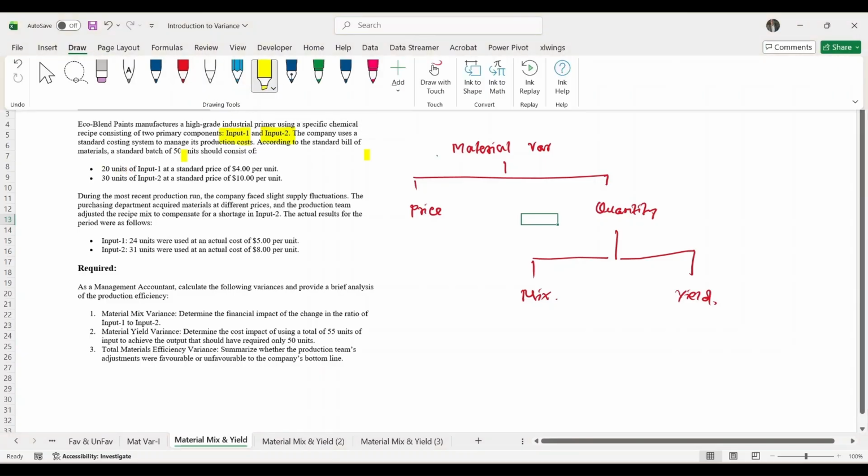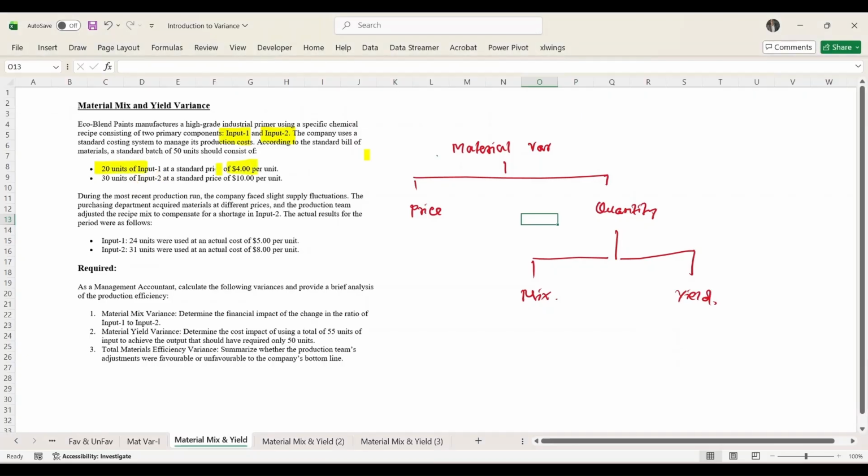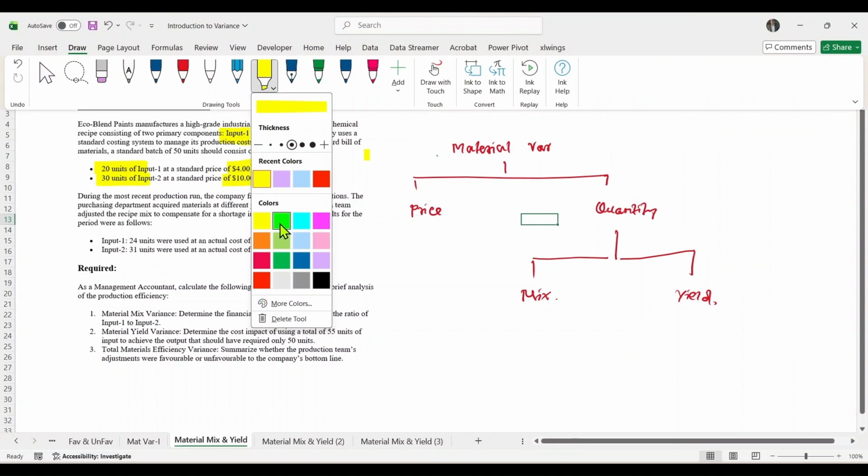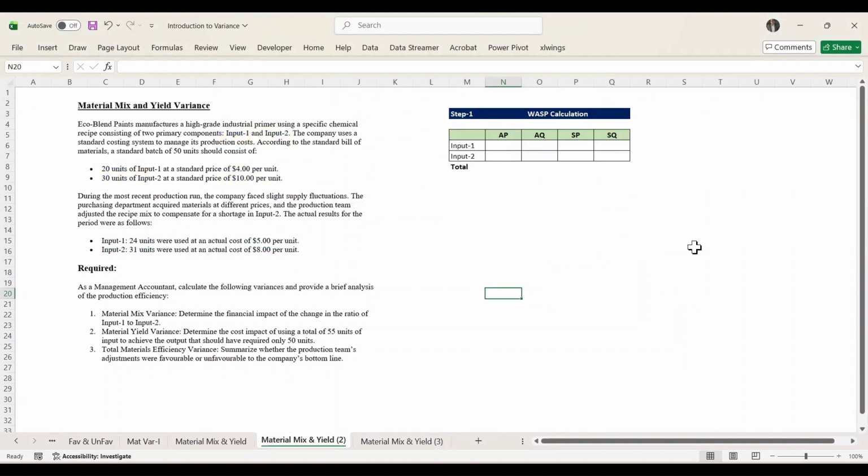This first part is the standard, and this part is the actual. So in step 1, we have to organize this input in this format where we'll first write down actual price, then actual quantity, then standard price and standard quantity, and we'll have two inputs here, input 1 and input 2.